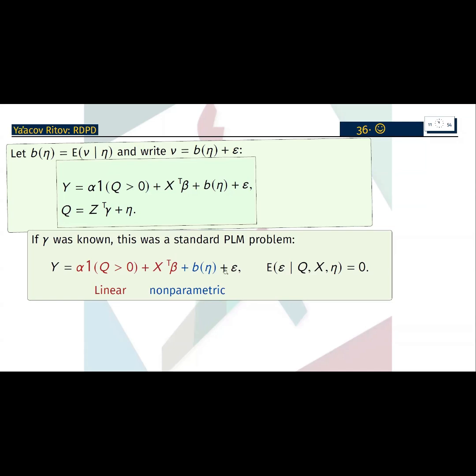And if I know eta, this is a partial linear model as we started. So I have a simple partial linear model under this assumption, and I can proceed as we started.